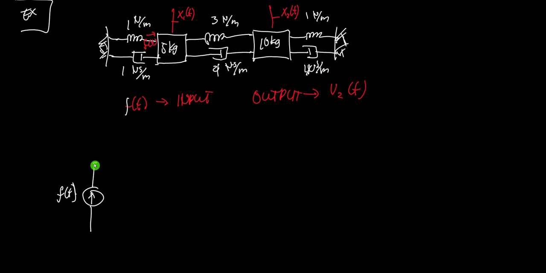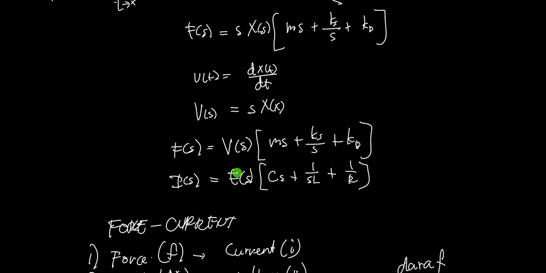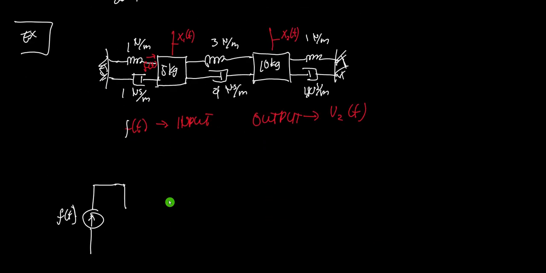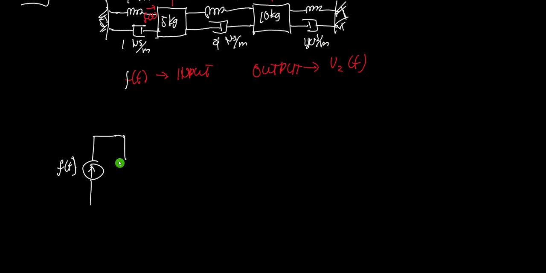Then instead of a series, it's a parallel. Wait, we start with the mass. What's the mass? Mass is equivalent to the capacitance. So this will be the capacitance. This is mass.